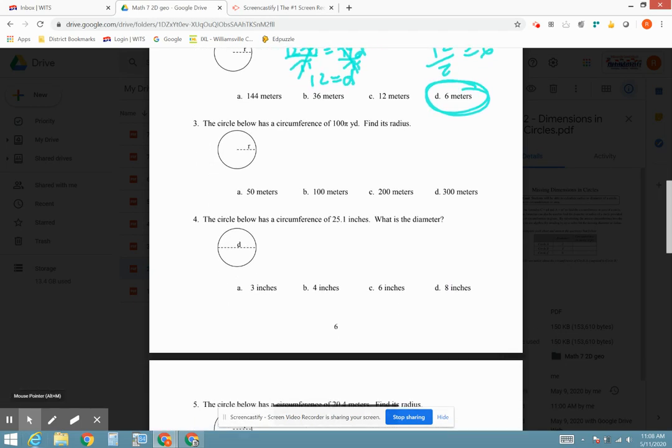Okay, let's have you try number 3. Go ahead and give it a shot, write your work on your paper, and select the correct answer from that puzzle.